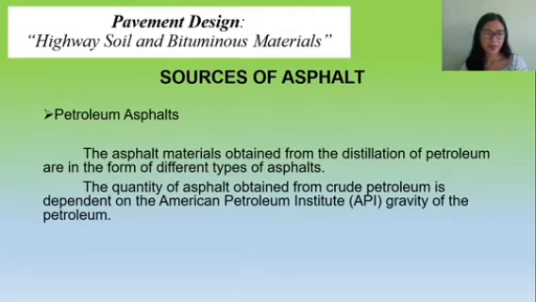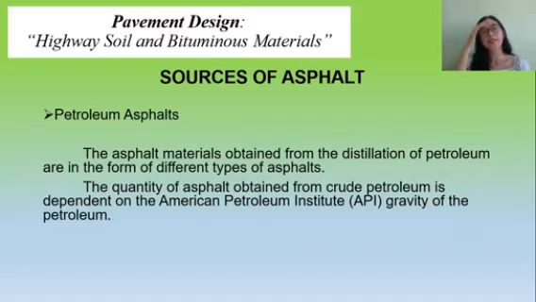Next, we have petroleum asphalts. Asphalts are materials obtained from distillation of petroleum, in the form of different types of asphalts. The quantity of asphalt obtained from crude petroleum is dependent on the American Petroleum Institute or API gravity of the petroleum. In general, large quantities of asphalt are obtained from crude petroleums with low API gravity.